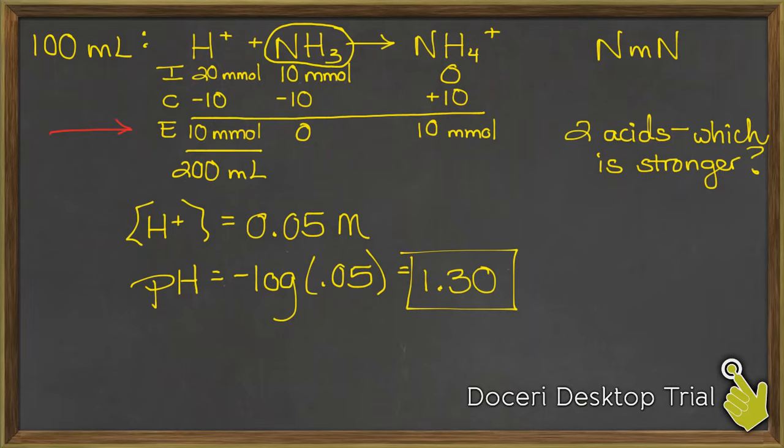H+ is a strong acid, and NH4+ is a conjugate weak acid. So because I've got 2 of the same thing left over, I ask myself which one is stronger. It's definitely going to be H+. So I divided by the total volume, got the H+ concentration, and I was able to find that final pH.